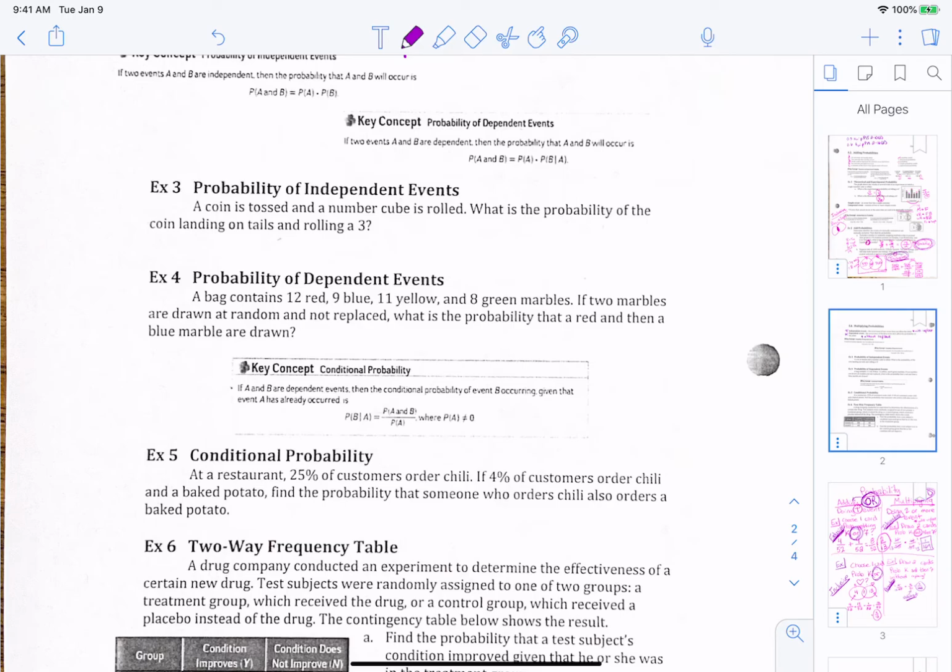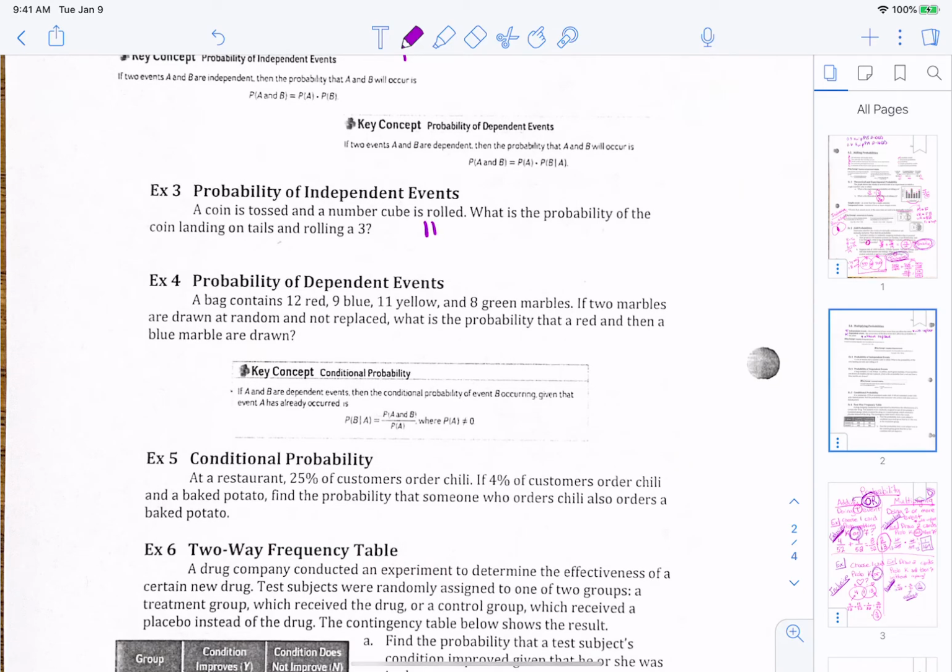Okay? So, what is the probability of the coin landing on tails and rolling a 3? Tails, and then rolling a 3. Well, do you see the key word in there? And that's how we know that we need to multiply, right? So I'm going to multiply those together.